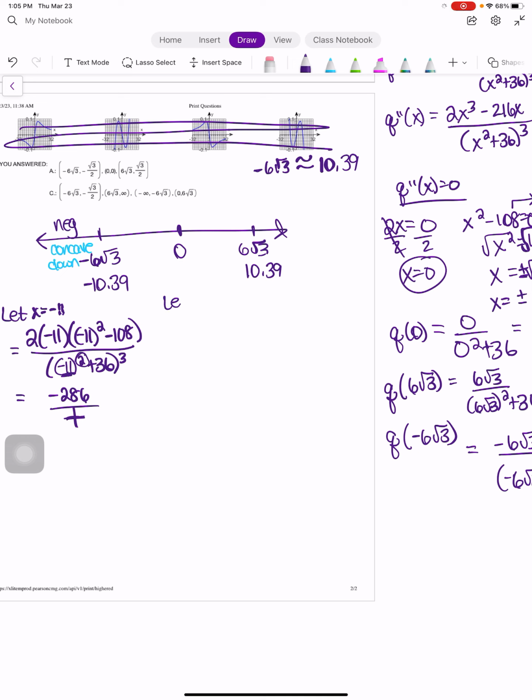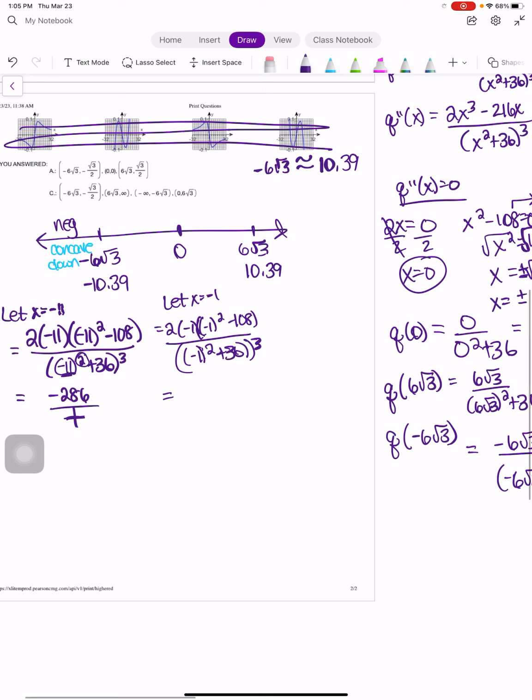And we can do the same thing for the interval between 0 and negative 10.39. So I could let x be equal to negative 1. That would give me 2 times negative 1, times negative 1 squared minus 108, divided by negative 1 squared plus 36, all cubed. And again, I don't really care about what the actual number is.